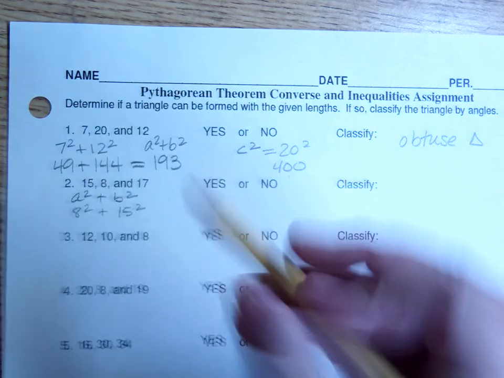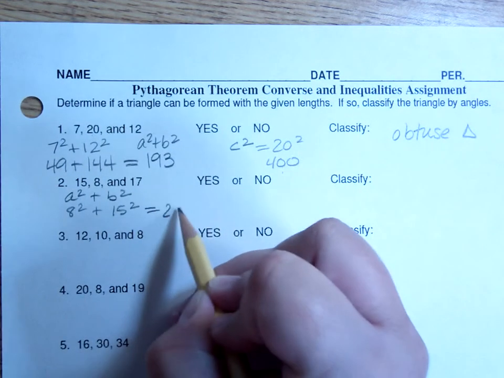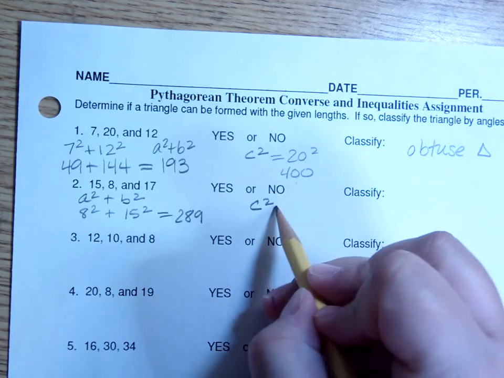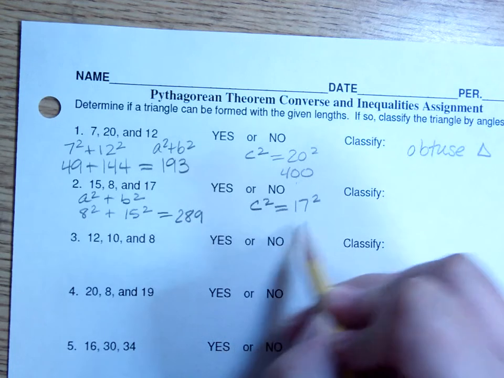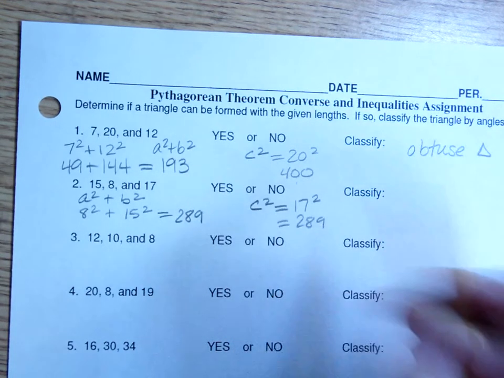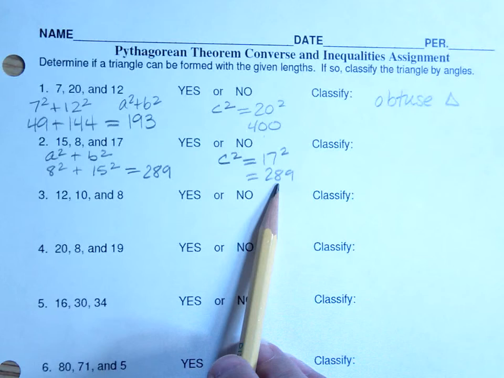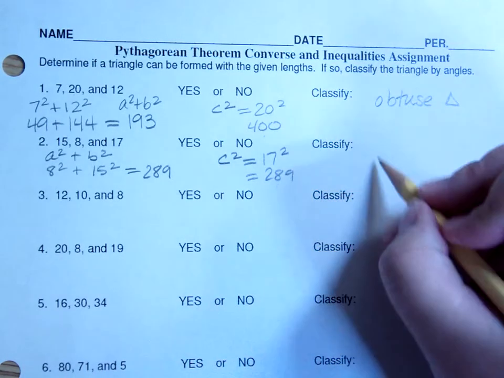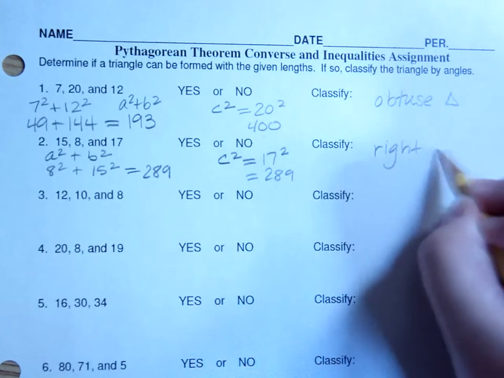Okay, now the other side, C squared, I'm going to do 17 squared. What's 17 squared? It's also 289. So then the question is, is C squared bigger, smaller, or the same? Same, so what kind of triangle? Right.